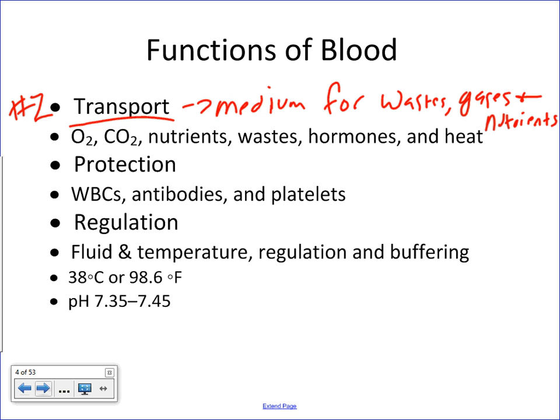Blood is a transport medium for wastes, gases, and nutrients. The nice thing about blood, being that it is primarily water, is that we have a lot of substances in the body that can mix in water, like hormones that are made out of proteins or electrolytes and so on. So we can just transport those right into the bloodstream.